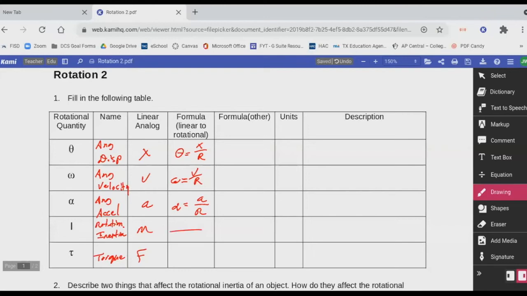For this one, we didn't really have a linear rotational formula, but for torque, we have torque is equal to force times displacement. Now, if we were to go through the next column for other formulas, this first one. Wait, so Mr. Watley. Yeah, what's up? So for saying force times displacement, would that be different from the R before?